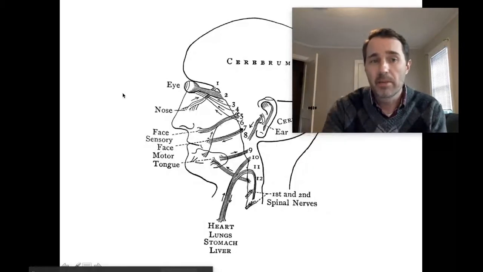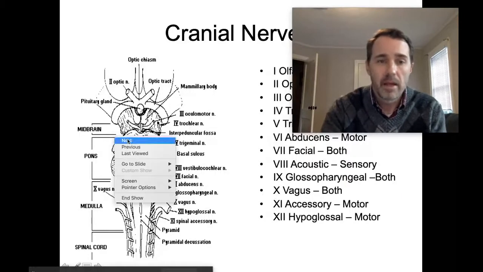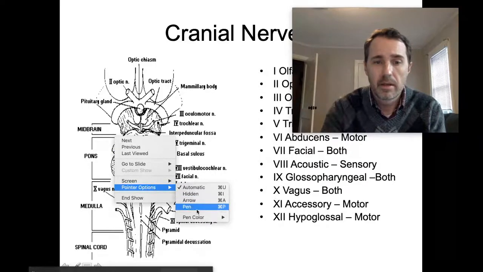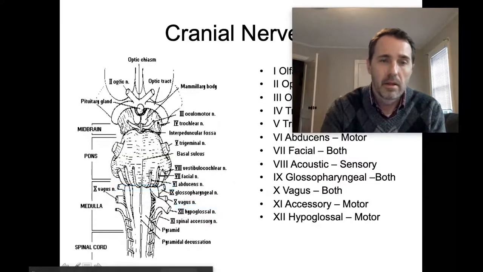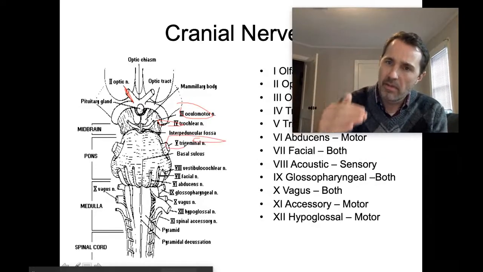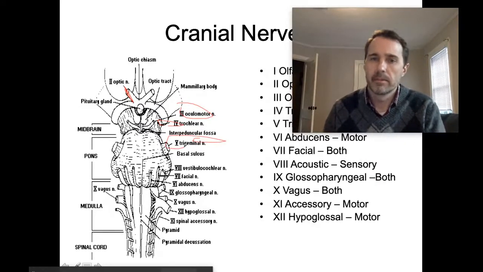But then we get down to the brainstem, and you can see that you have the optic nerve, and then coming a little bit more inferiorly, oculomotor, trochlear, trigeminal, and then the rest of them come in below.